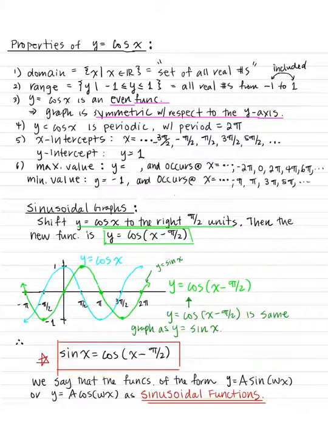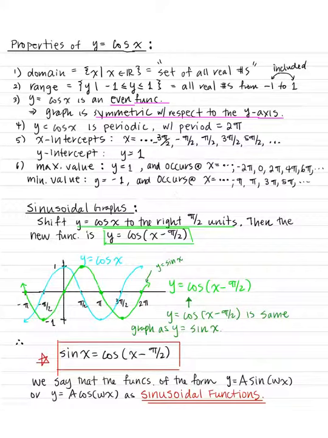And x-intercepts are negative 3 pi over 2, negative pi over 2, and so forth. Y-intercept is y equals 1. And maximum value is y equals 1 and occurs at negative 2 pi, 0, 2 pi, 4 pi, 6 pi. Minimum value is y equals negative 1, and that occurs at negative pi, pi, 3 pi, 5 pi, and so forth.